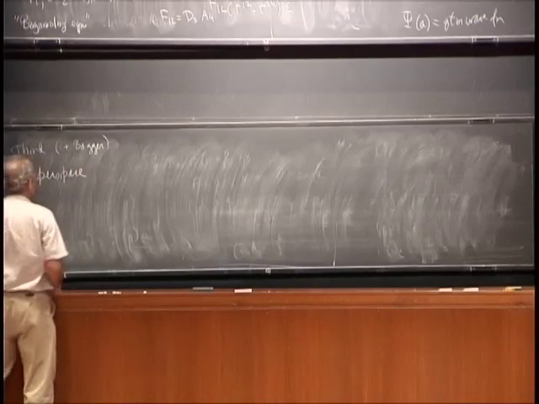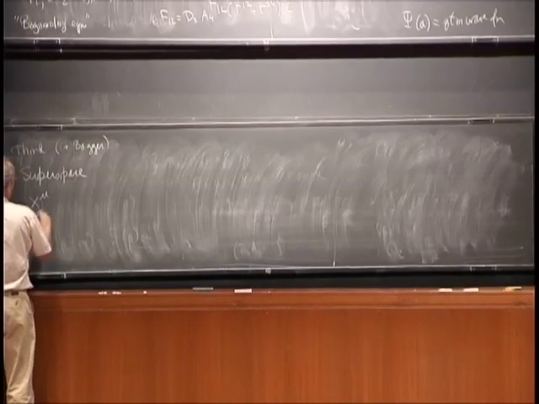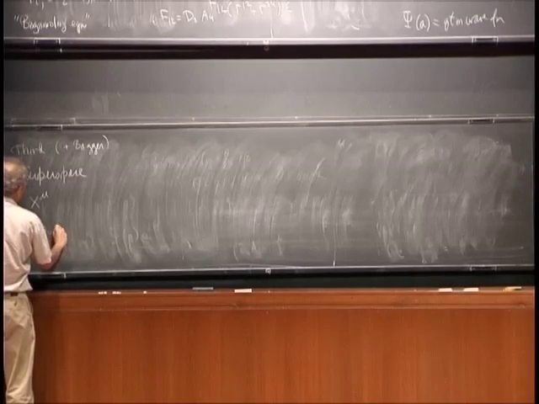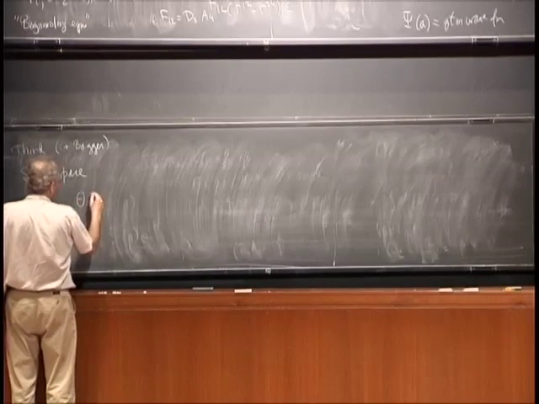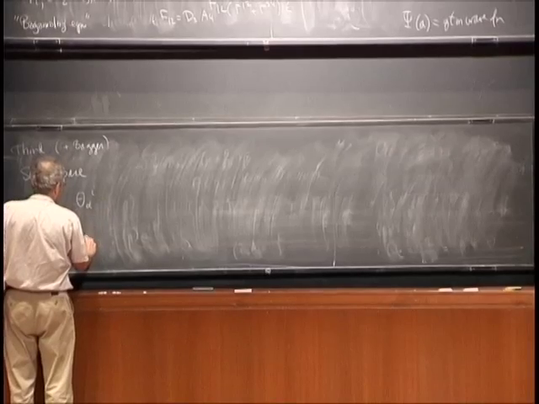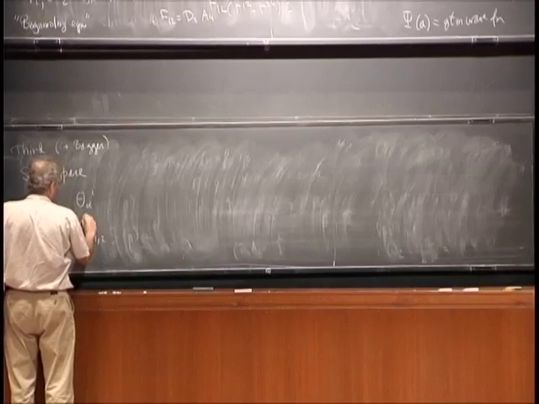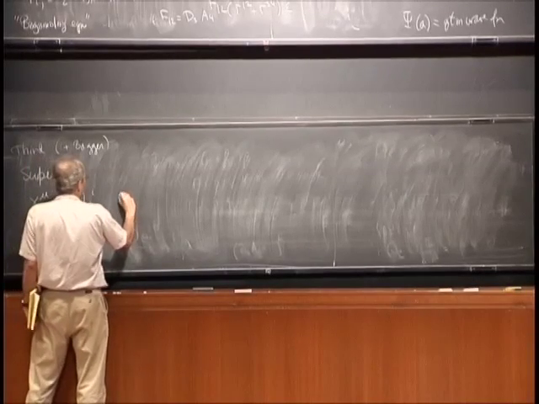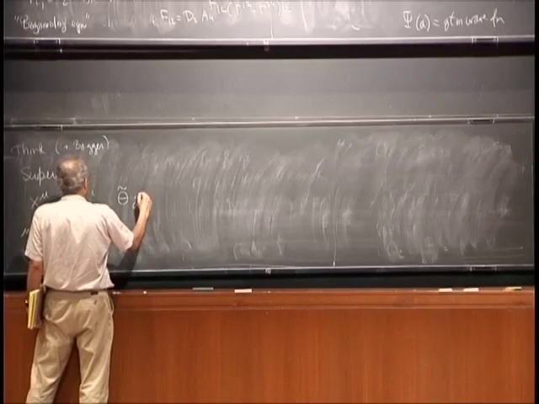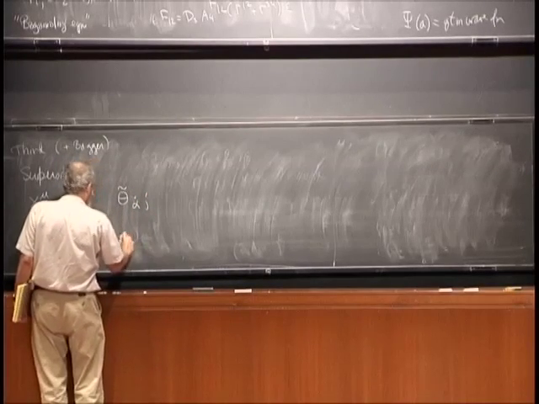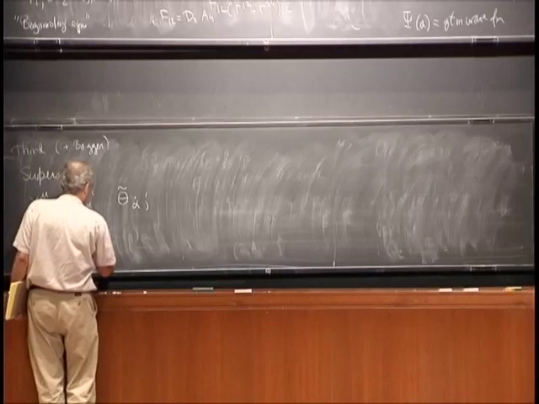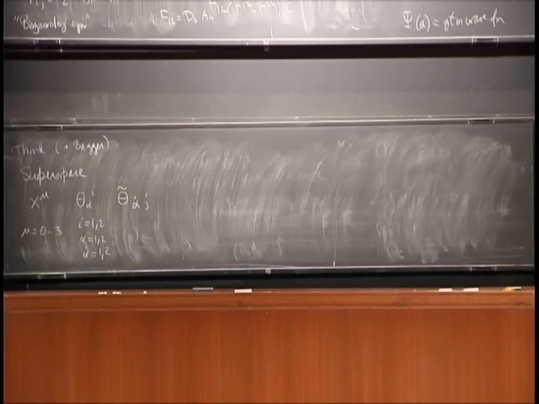So here we work in superspace with coordinates x mu, where mu runs from 0 to 3. And then we will have two supersymmetries. So theta and theta tilde are my notations for the two types of coordinates of superspace. They carry spinor indices of the opposite kinds, alpha or alpha dot.